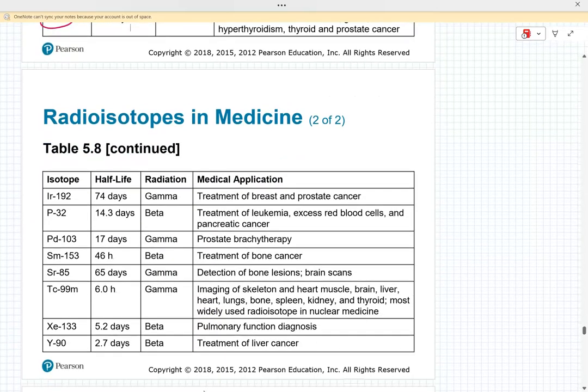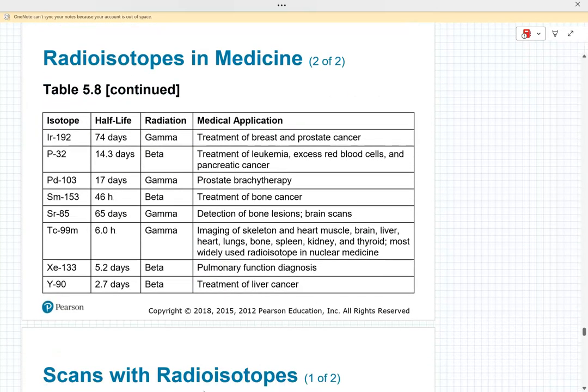Okay, I'm not going to talk about all of them because, who cares? Again, technetium, imaging of virtually anything. Okay? Because if you give technetium to a human being, in 6 hours, this human being is going to have half of it. In 6 hours, quarter. In another 6 hours, 1/8.